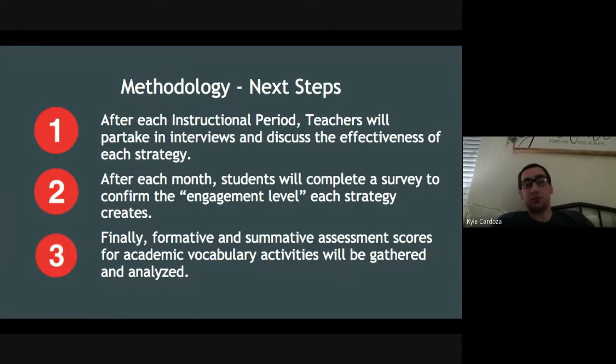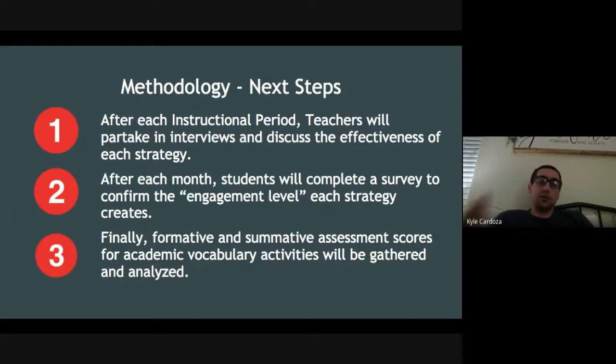After each month, because the first instructional period will be traditional, students will complete a survey to confirm the engagement level. But not only that: were the lessons a little bit more enjoyable? Did you find yourselves participating more in the lessons? And did they find it less challenging or less difficult?